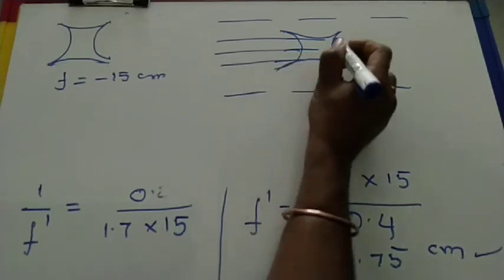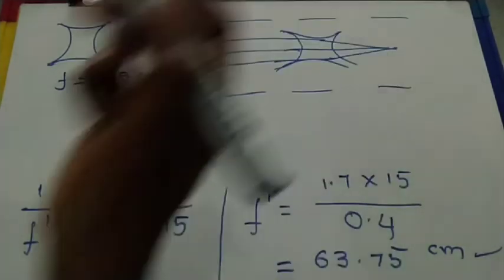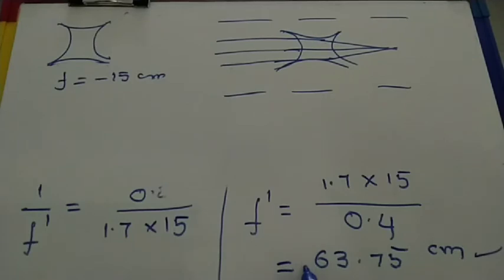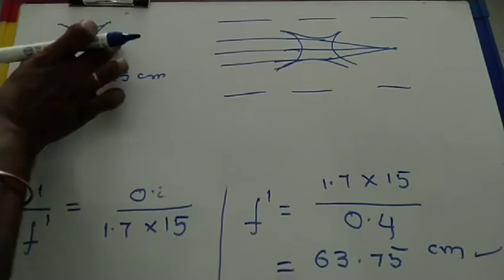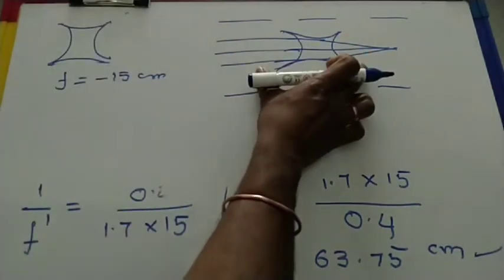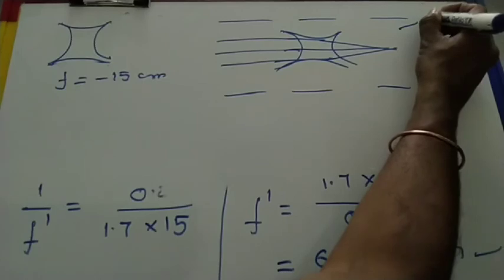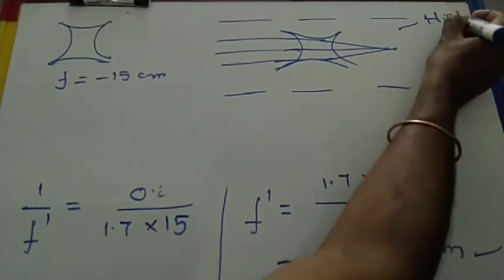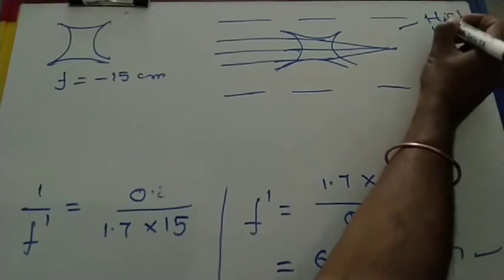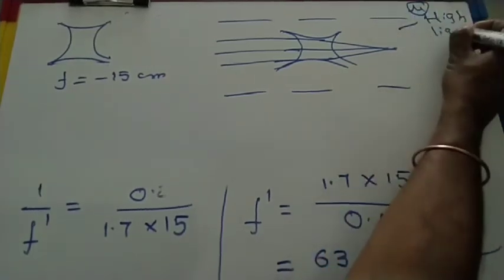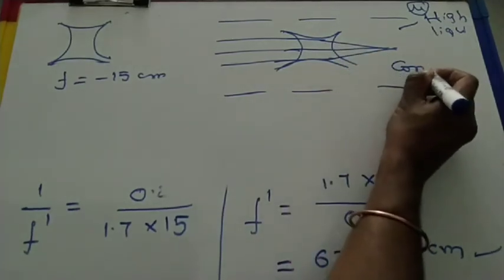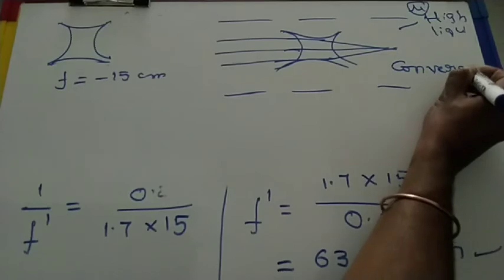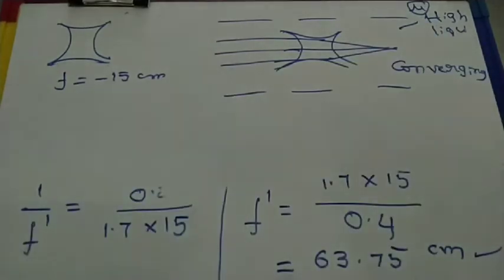Why? Because you got plus. That means it becomes a converging lens. Whenever a concave lens is immersed in a high refractive index liquid, it will act like a converging lens. That is the point we have to remember.